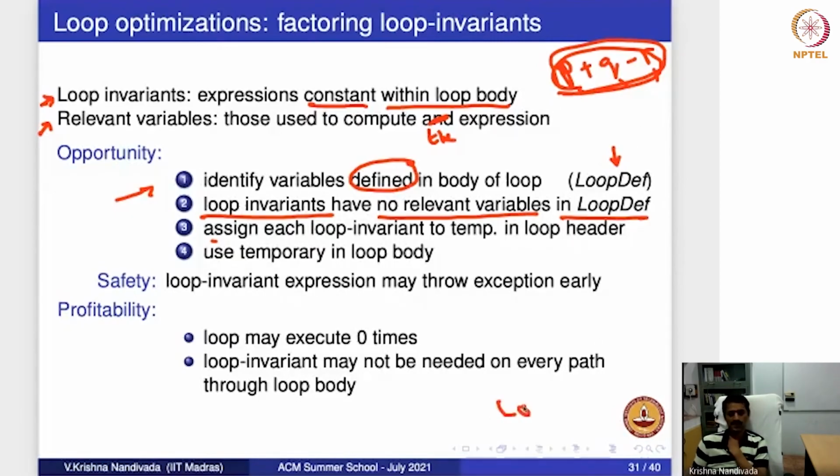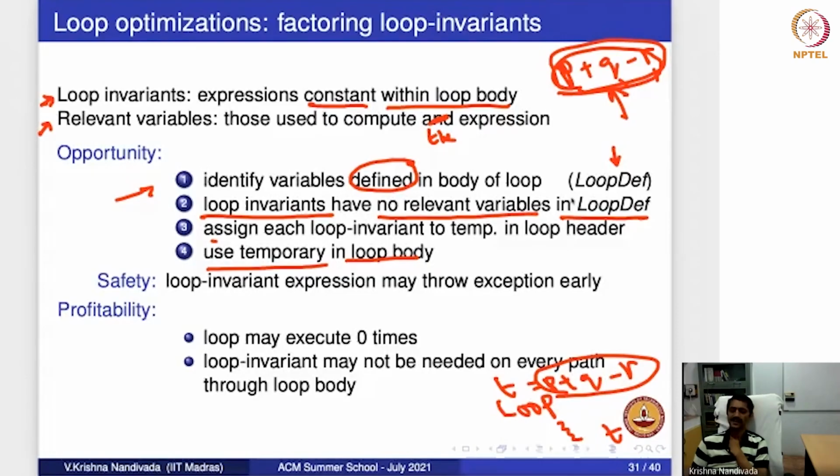So if the loop starts here, before this I will write t equal to p plus q minus r. And wherever there was p plus q minus r, I'll replace it with t. So in the loop body, I will use this newly created temporary instead of the loop invariant expression.